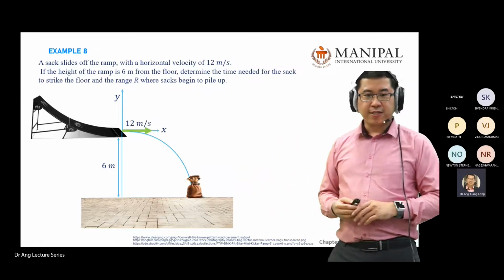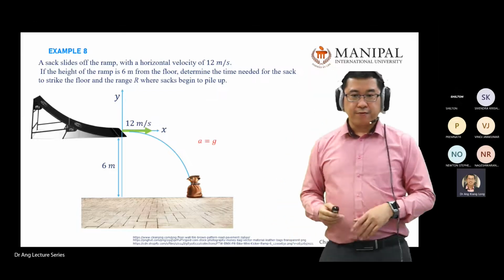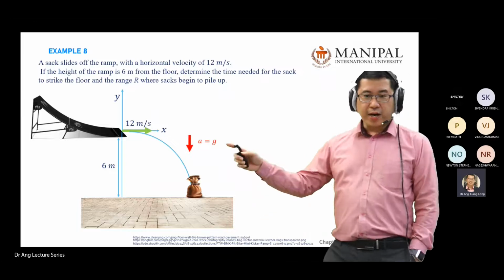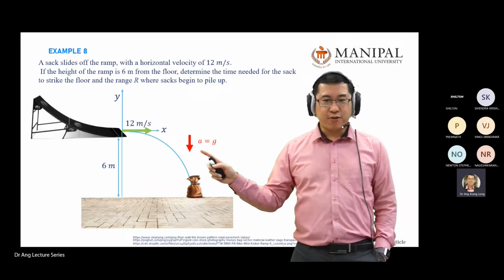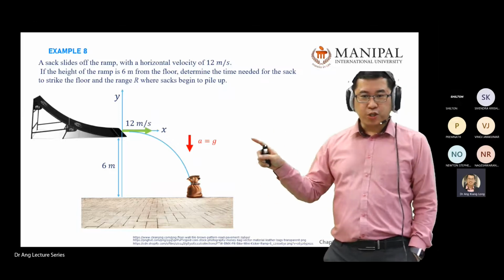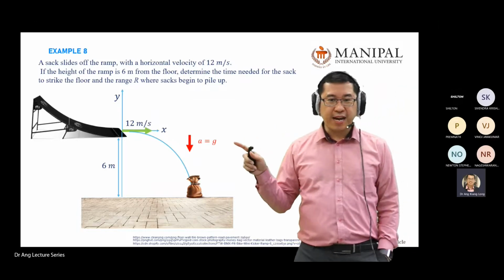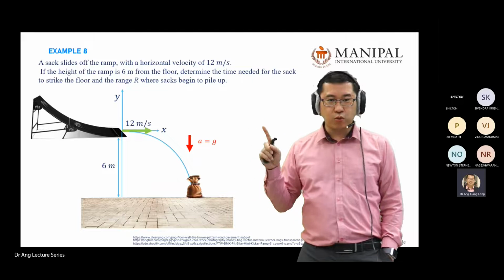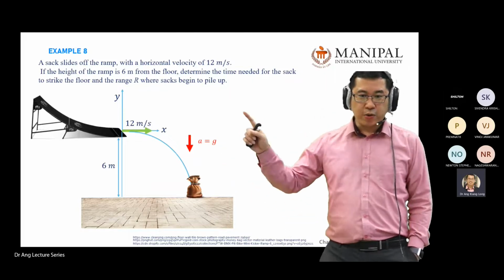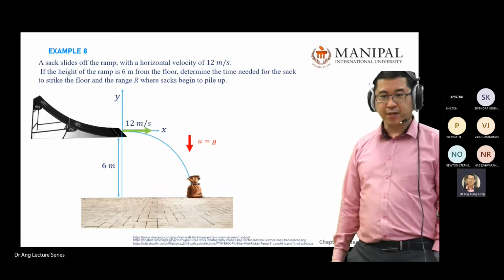Let's start solving. First, identify your gravity. I recommend always drawing the arrow of gravity, just to remind you that when you solve a projectile question, you need to resolve all the vectors into x direction and y direction. Your acceleration is always pointing down.